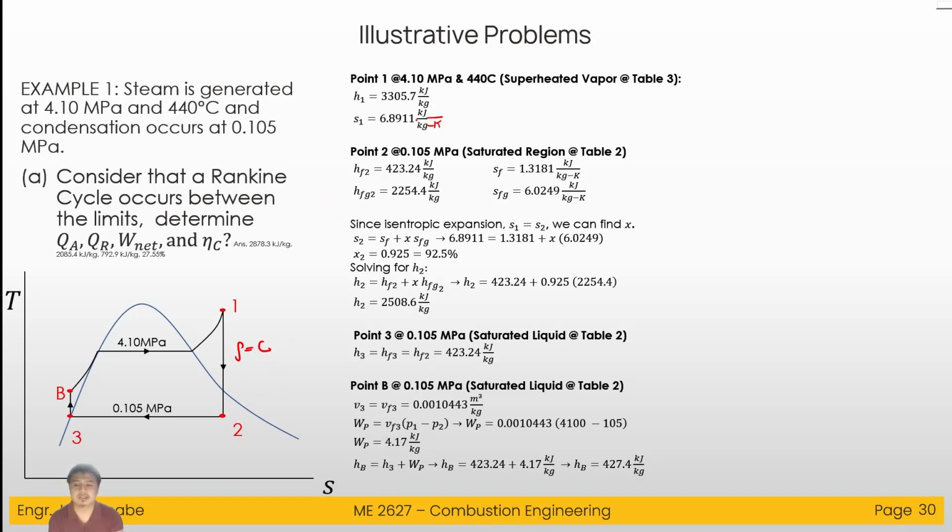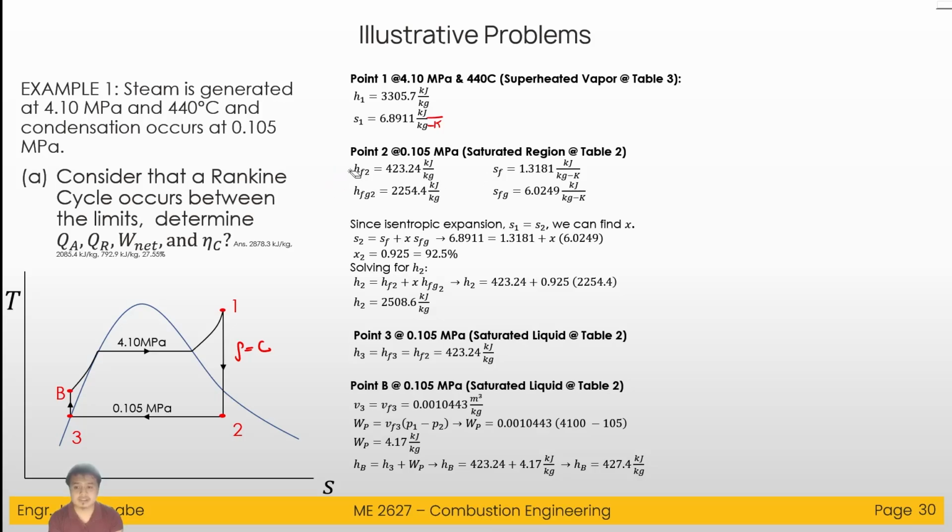Okay, so we're good with point 1. For point 2, it could happen that this will still be superheated, but we won't get into that yet. Since we want to find 2, which is usually in the wet, saturated region, you want to find all the F and FG values for enthalpy and entropy.